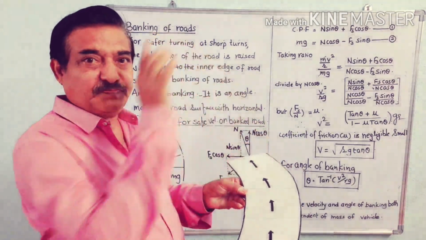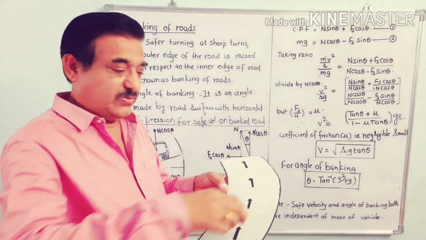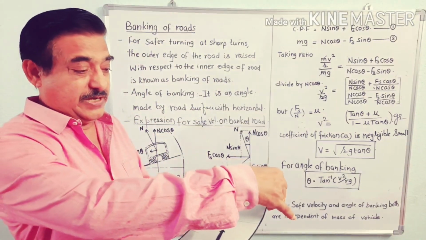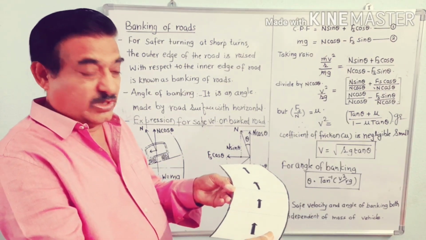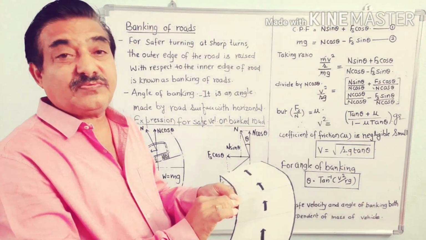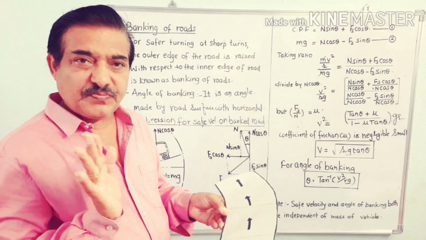To drive the vehicle safely on this turning, the outer edge is raised. It is not horizontal, but raised with respect to the inner edge.